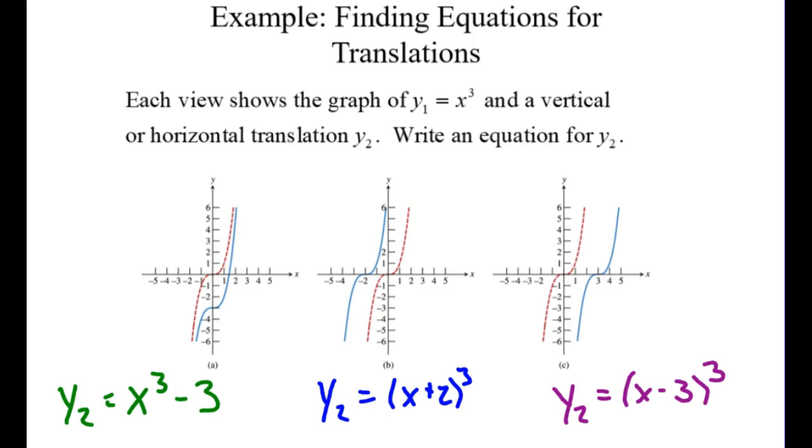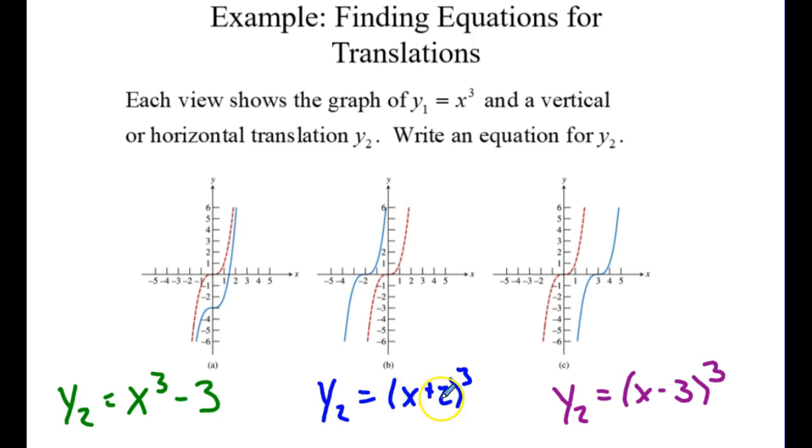One thing that tends to be a little confusing is the horizontal translation. Vertical translations are fairly easy because if we're subtracting 3 at the end, that just means we're moving down. If this had been a plus 3 at the end, we would be moving up. When we're talking about horizontal translations, it's the opposite. So even though we have plus 2, that means we're moving to the left, which we typically think of as a negative value. One way to remember whether to move left or right is to set what is inside the parentheses equal to 0.